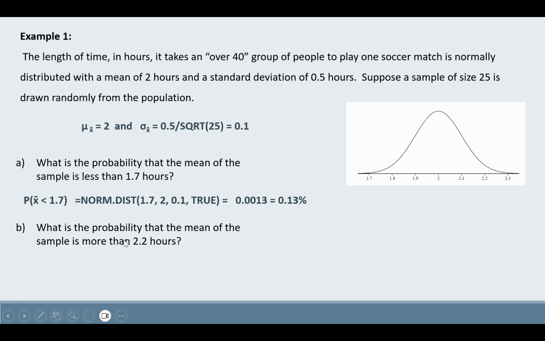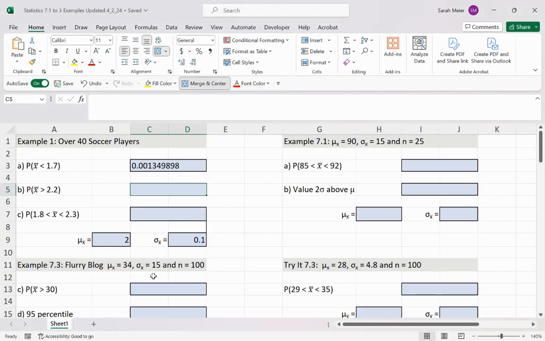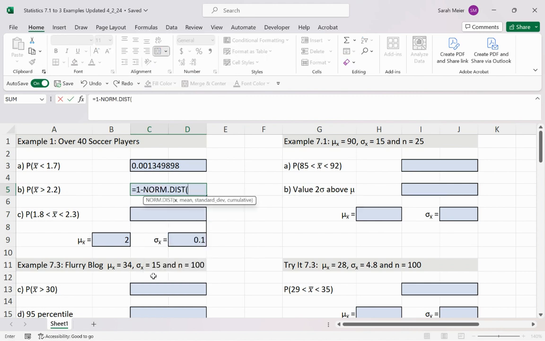Now, our second question is, what is the probability that the mean of the sample is more than 2.2 hours? And now this picture is a little bit easier to read. And so we're looking for this small blue shaded area in here. And so remember, with our greater than problems, it's always 1 minus our normal distribution. So when we're calculating that in Excel, we're going to say equals 1 minus our normal distribution with our value 2.2.